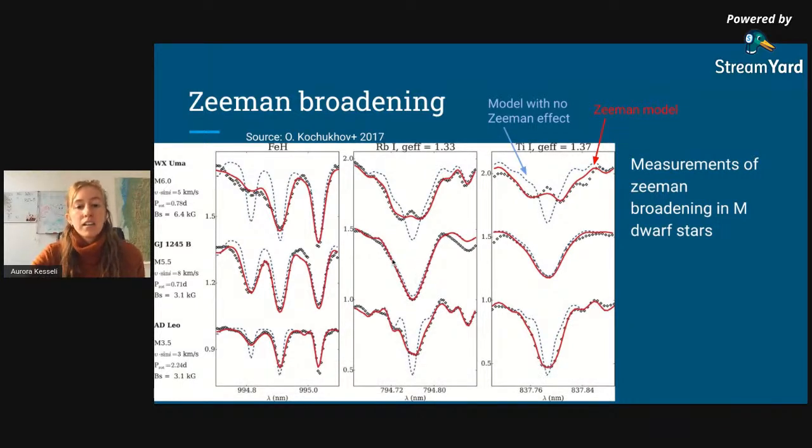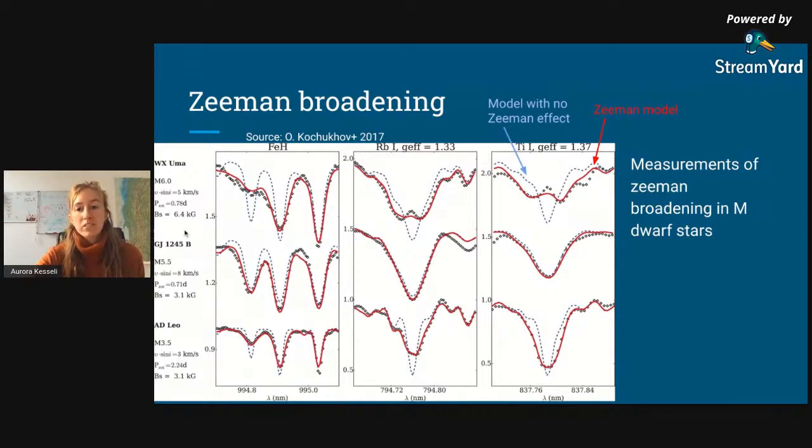And again, here you can see that the line, this single line, when there's no Zeeman, starts to split into 2 separate lines when there is a Zeeman effect. And same here. Single line would be if there is no magnetic field, and it splits into 2 lines. And so you can use the strength of this splitting in order to determine the strength of the magnetic field.